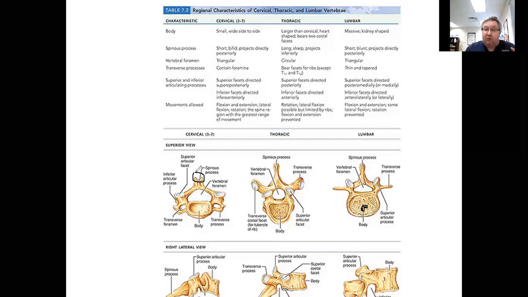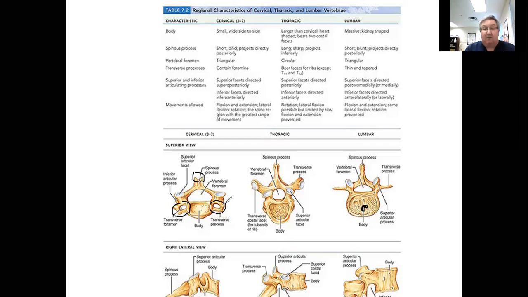Let's remember those transverse processes. Even the transverse processes are different. On the cervical vertebra, here's the transverse process here and here. There's a transverse foramen in there that allows for the nerves and blood vessels to go up into the brain.